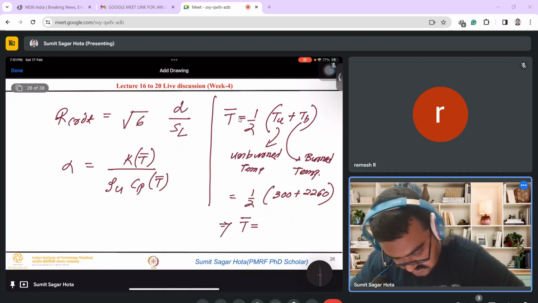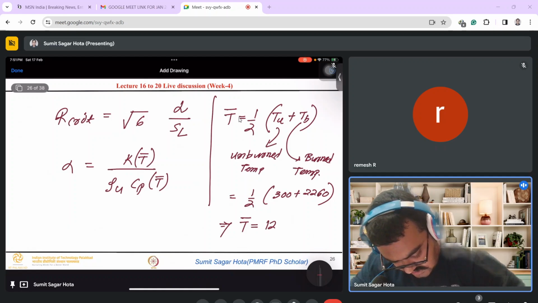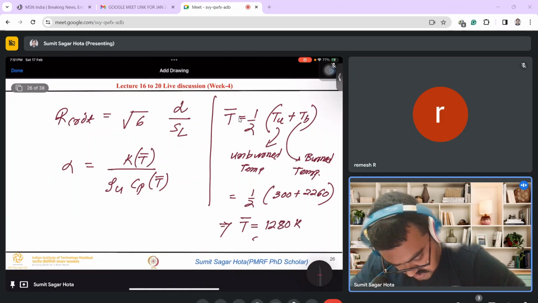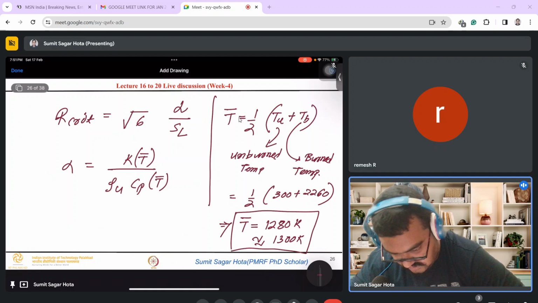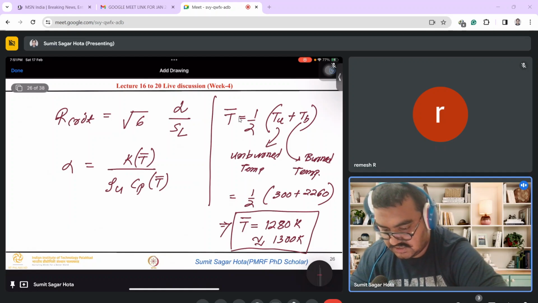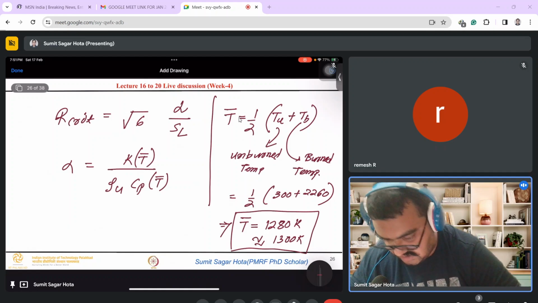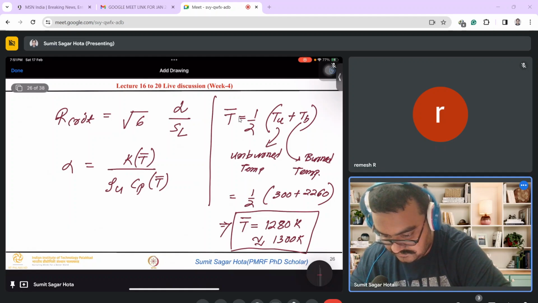If you solve, it's 1280 Kelvin. We assume it 1300 Kelvin so that we can find the data from the table. A 20 Kelvin difference has no use if you are taking the unit in Kelvin. Some of the values we can find out.